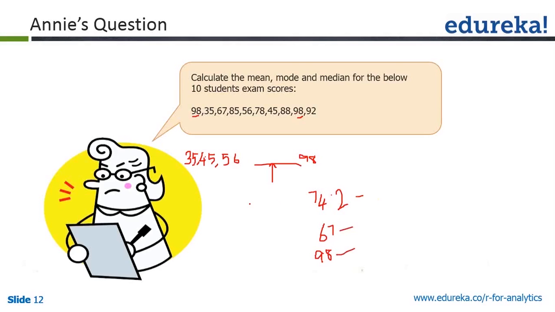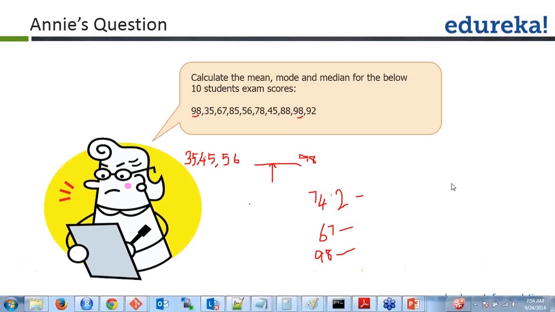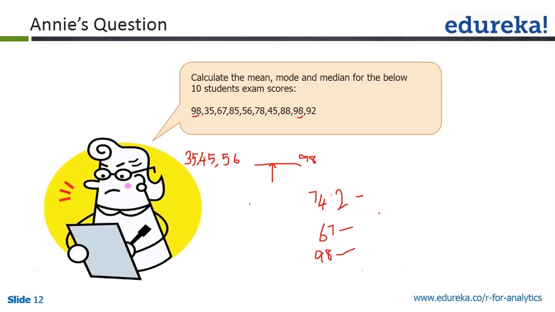Okay, though you will realize towards the end that in R or in Excel you will have options to click with the mouse, or by a simple click in a computer, it will be able to spit out all these numbers.